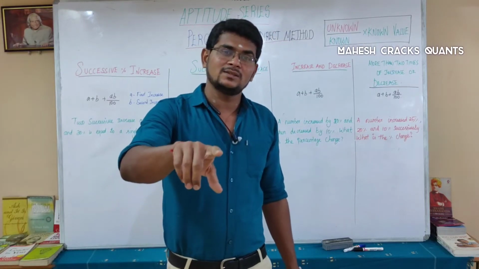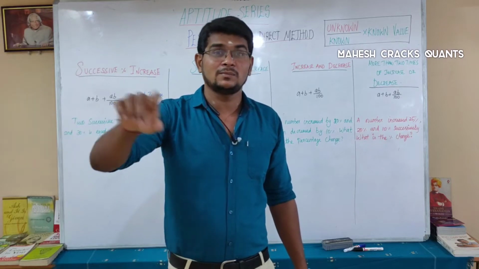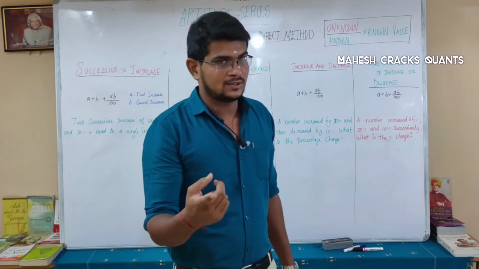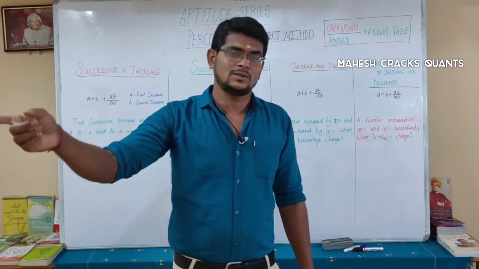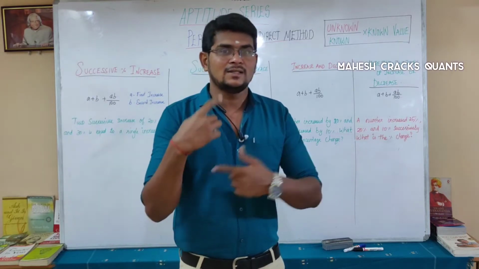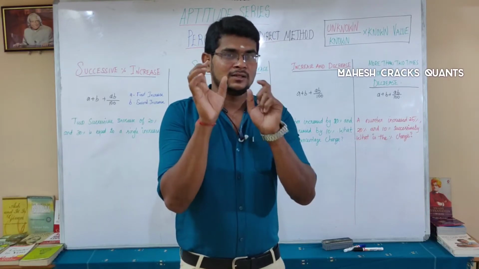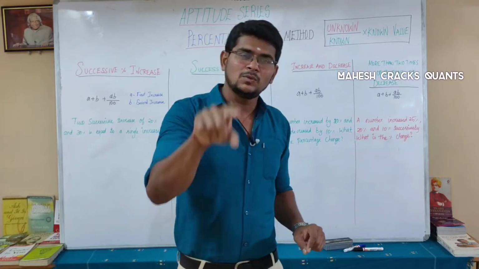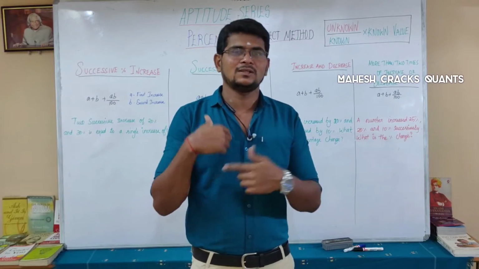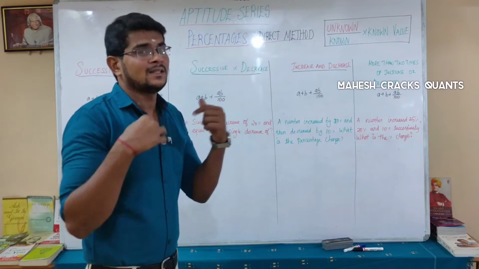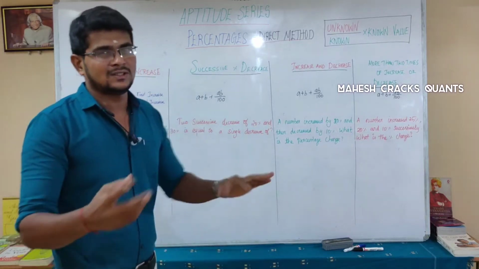You are selling that to another person with a profit of 20%, which means I am giving you a 10% increase, you are giving it to some other person with a 20% increase. This is a successive increase because you are going to increase the price 20% from your price, not from my price. That is why this is successive. Successive means twice the increase.